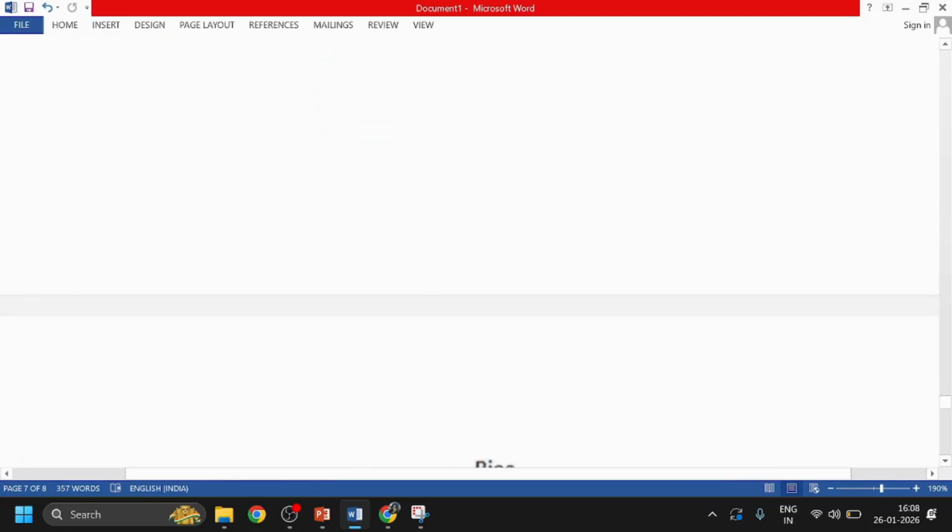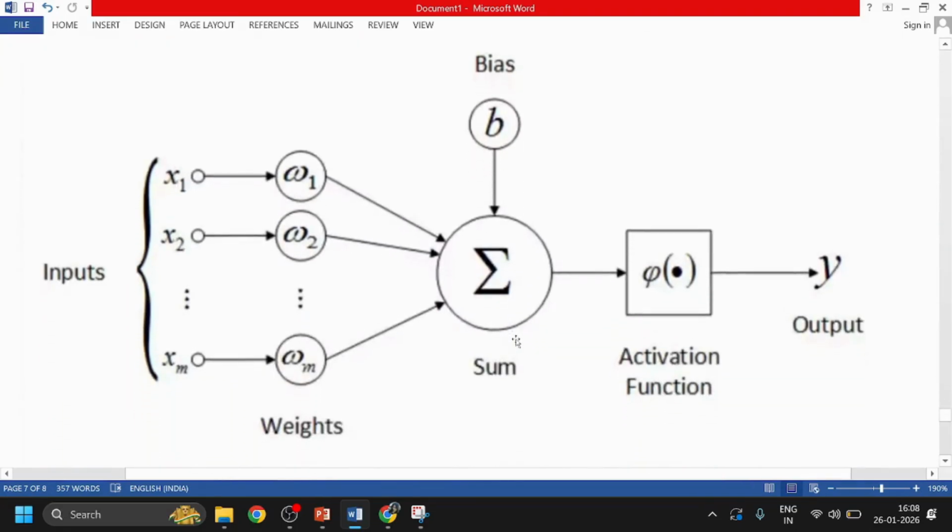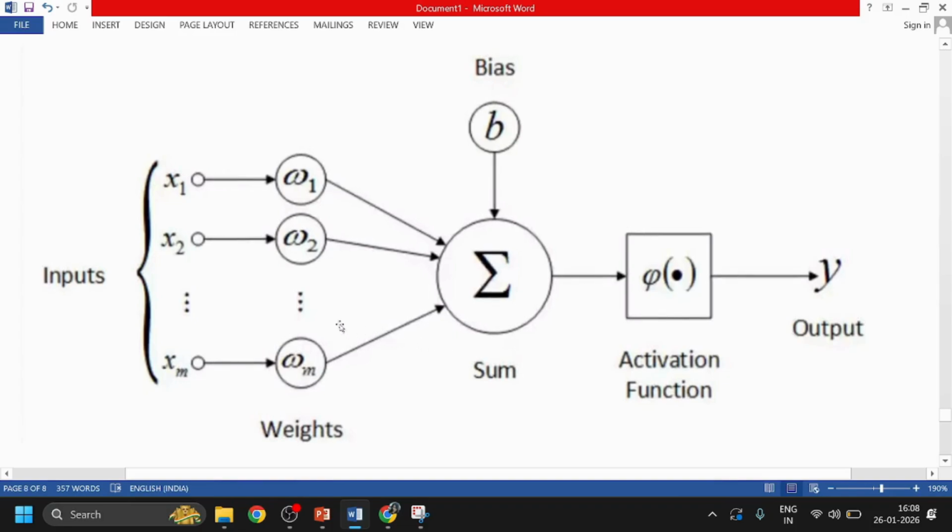This is the internal structure. These are the inputs x1, x2, x3, and these are the weights w1, w2, w3: w1 is the weight for x1, w2 is for input x2, and this is the input xm with its weight wm.